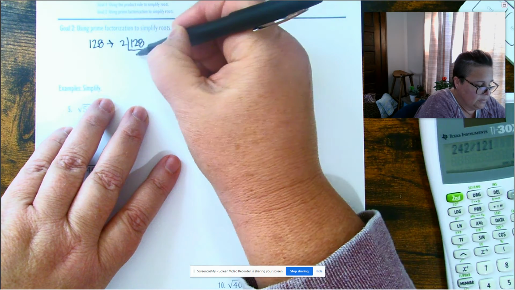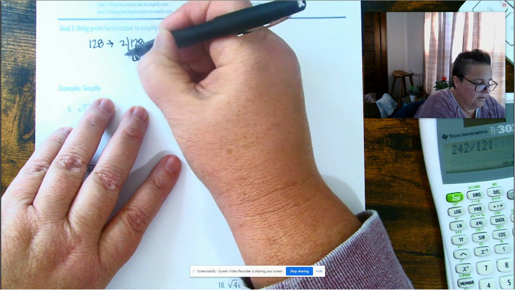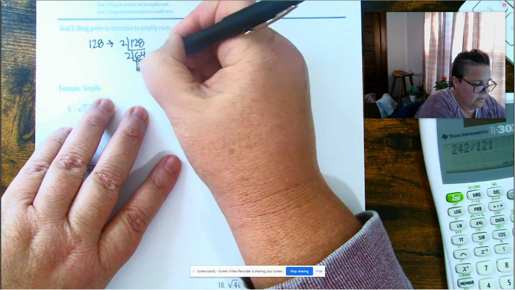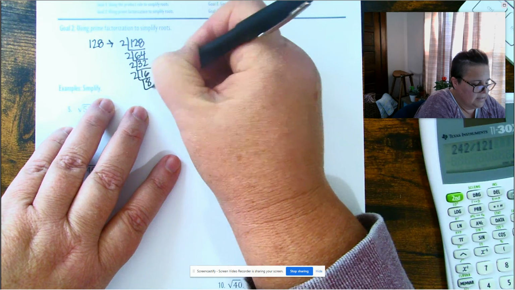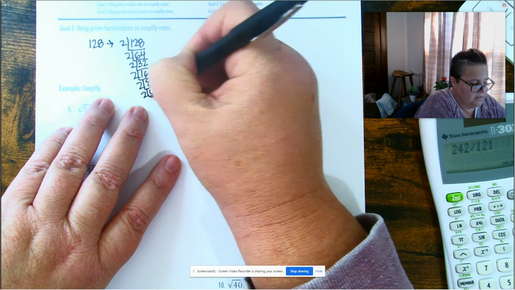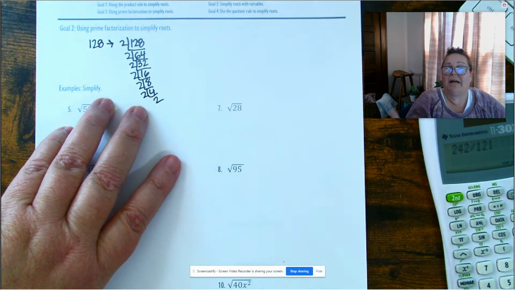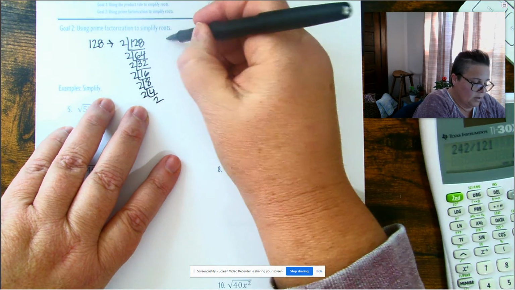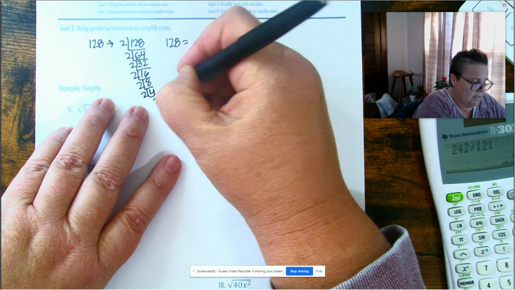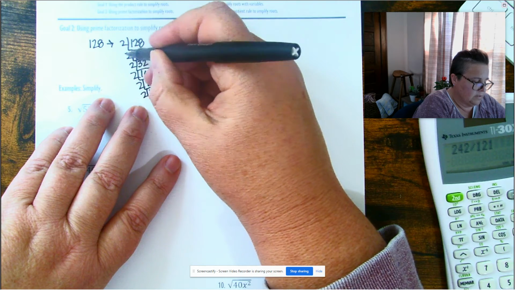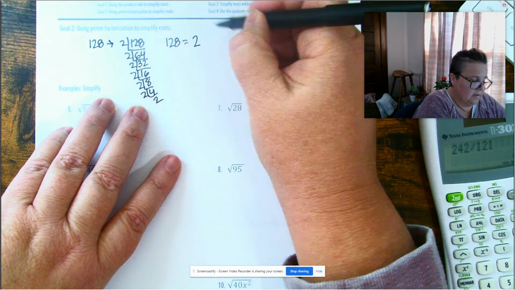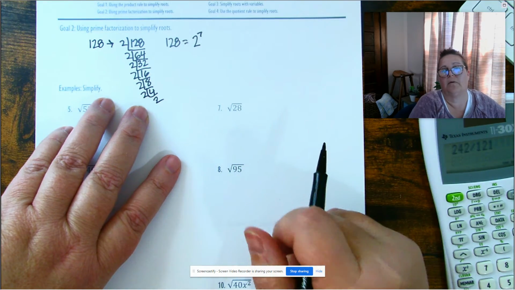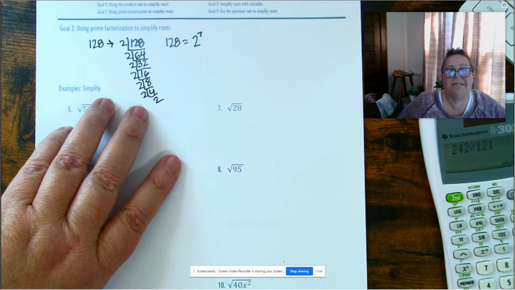I'll divide by 2, that's 64. I'll divide by 2 again, that's 32. I'll divide by 2 again, that's 16. That's 2 times 8, that's 2 times 4, and that's 2 times 2. That's how I do my prime factorization. So 128 is 2 times 2 times 2 times 2 times 2 times 2 times 2, or 2 to the 2, 3, 4, 5, 6, 7th power. Right? So 128 is 2 to the 7th power.